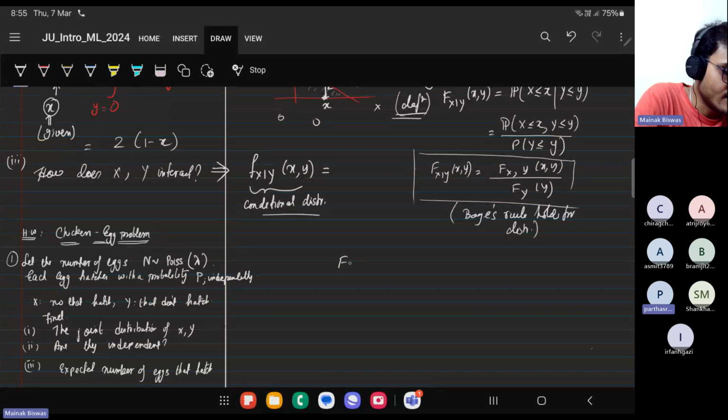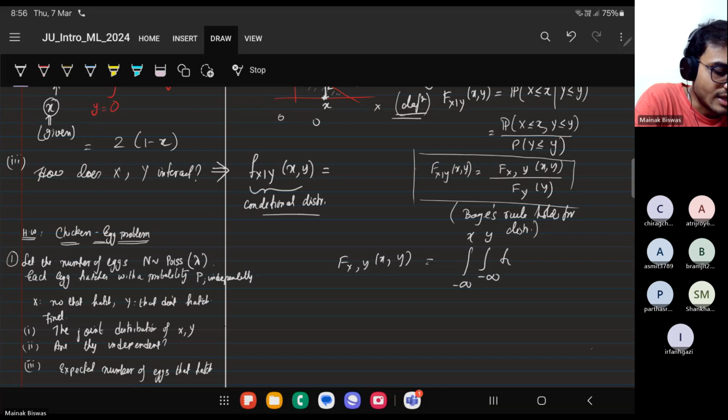So on the right hand side, for small f, I can write this as an integral from minus infinity to x. This is much simpler instead of taking the derivative. F of x y dx dy. Similarly, you can write f of y as, what can you write this as?